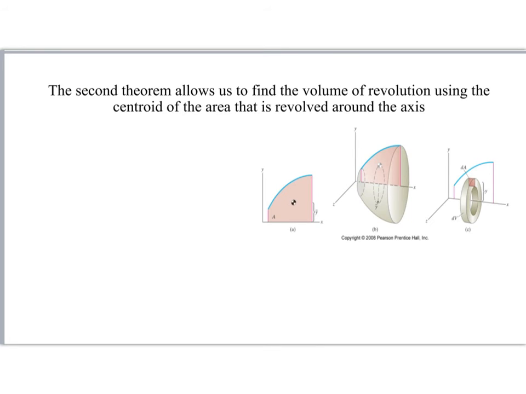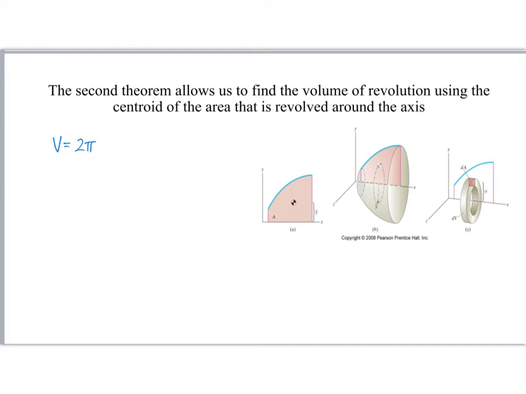Now the second theorem is pretty similar, but this time we're going to take an area and revolve it around the axis. And when we do that, we create a solid volume. So the volume, according to the theorem, would be equal to 2 pi. Once again, that represents the angle that we've revolved the area around.